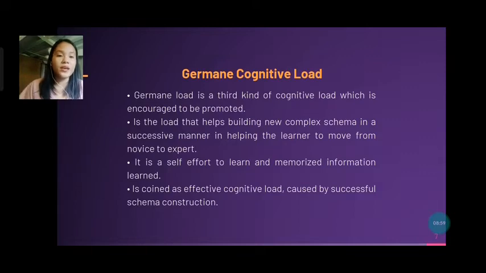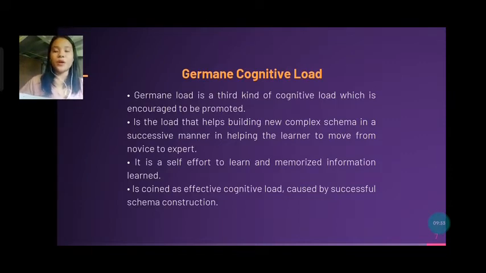It is the load that helps build new complex schema in a successive manner, helping the learner move from novice to expert. It is a self-effort to learn and memorize information learned. It is coined as effective cognitive load caused by schema construction, the germane load, or building blocks.